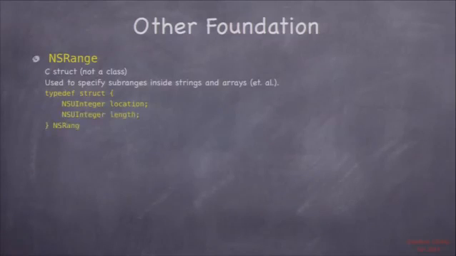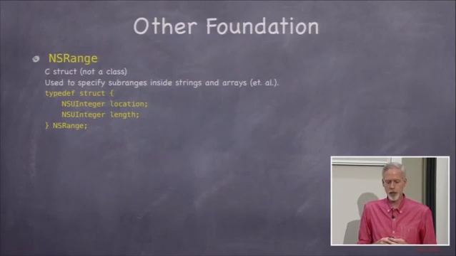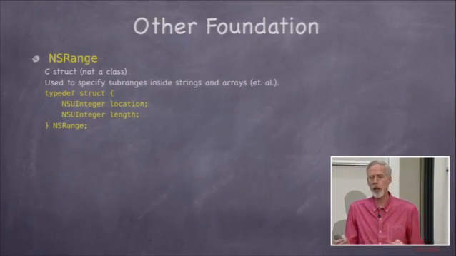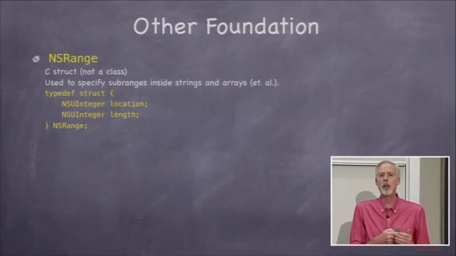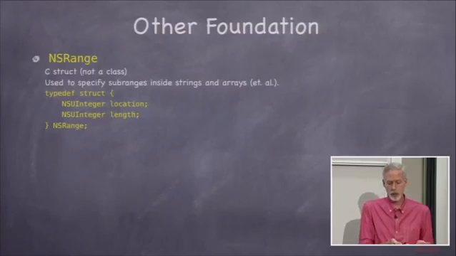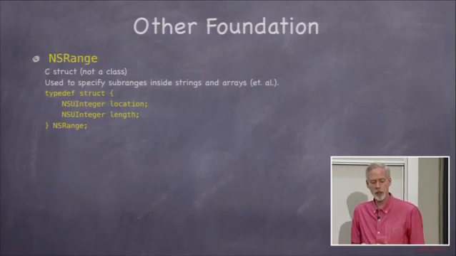The last thing I'm going to talk about that's in the core part of Foundation is NSRange, which is just a C struct. It's exactly what you think. It describes a range. This might be a range in a string, or it could be a range in an array. It's basically a starting location, that's the NSUInteger location, and a length, how many characters or how many items in the array.